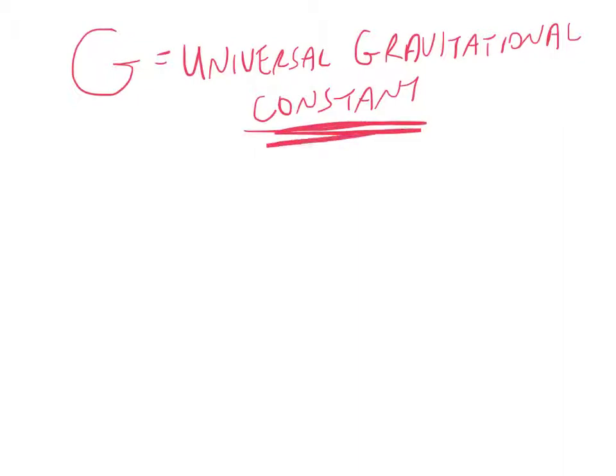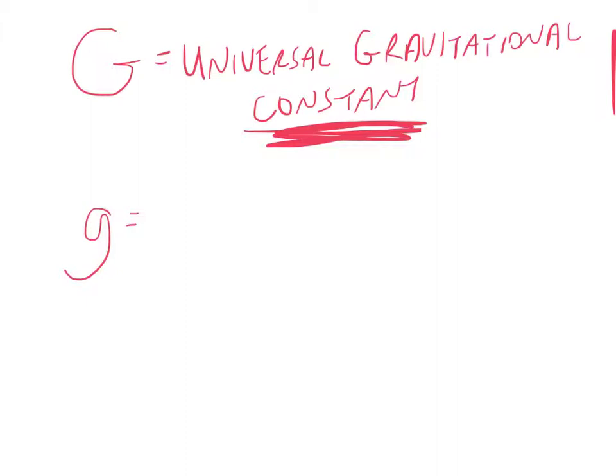It is a true constant. Lowercase g, which is a measure of the gravitational field strength around a particular object, varies depending upon what the large object is. It would be larger on Earth or smaller on something like the moon. So it's just important to remember.